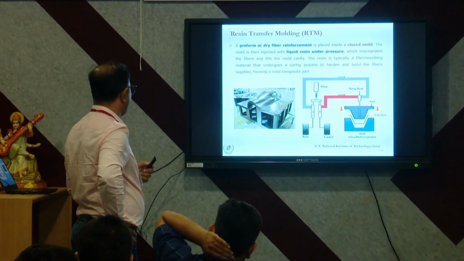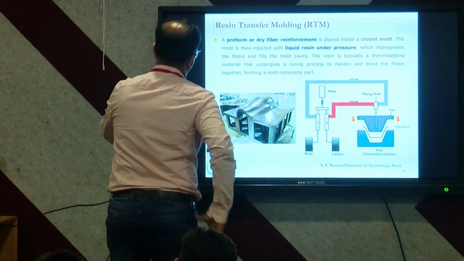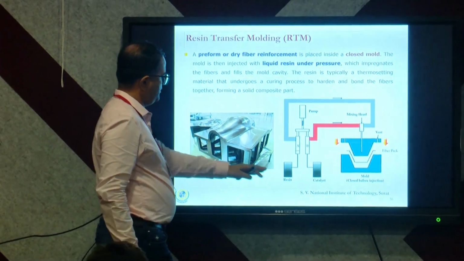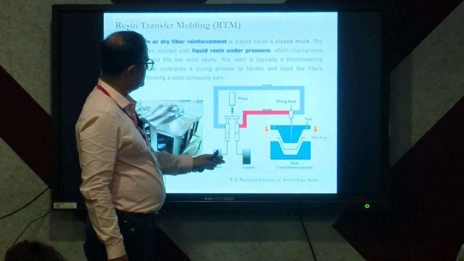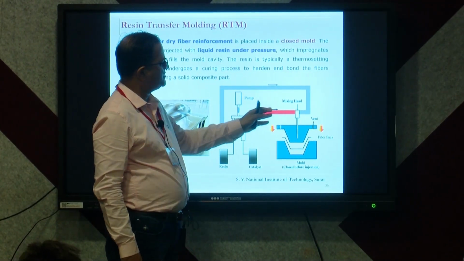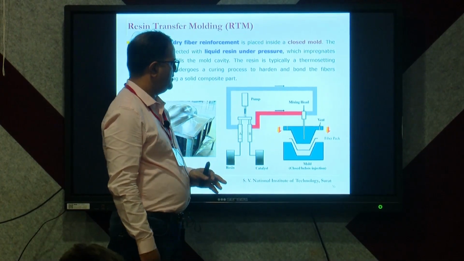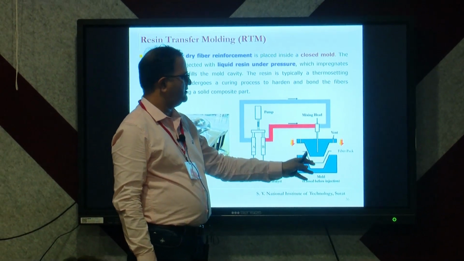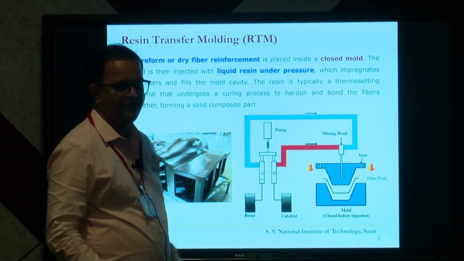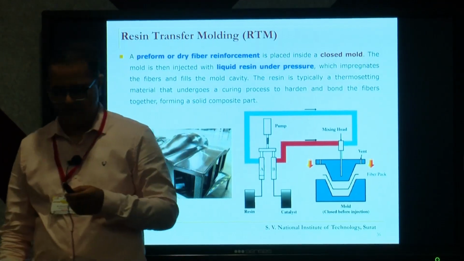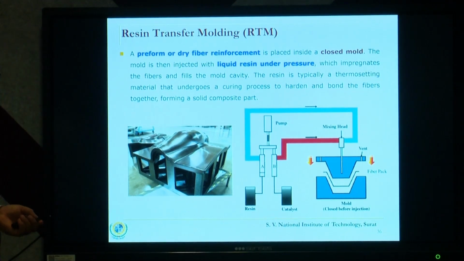And then you can go for any shape that you can think of. Of course, you have to mix certain hardeners or catalyst into it, and at a certain temperature pass it through the mixing head, and then that gets into the closed mold, and with the fabric it takes the defined shape of the mold.